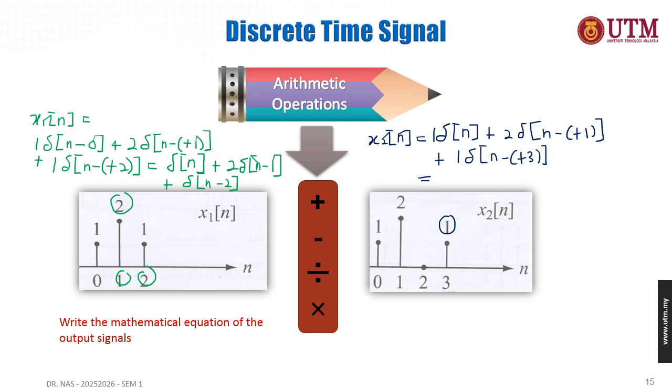So simplify the equation: δ[n] + 2δ[n − 1] + δ[n − 3].